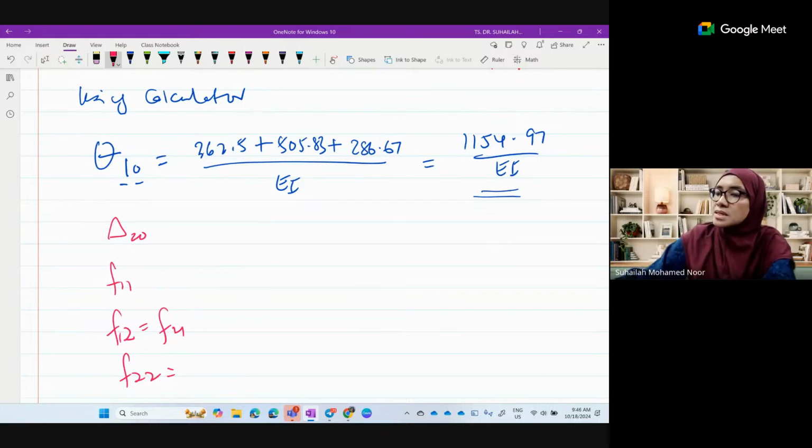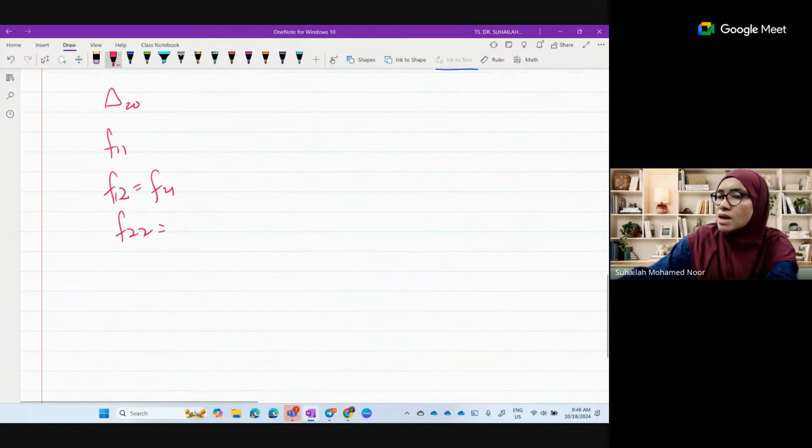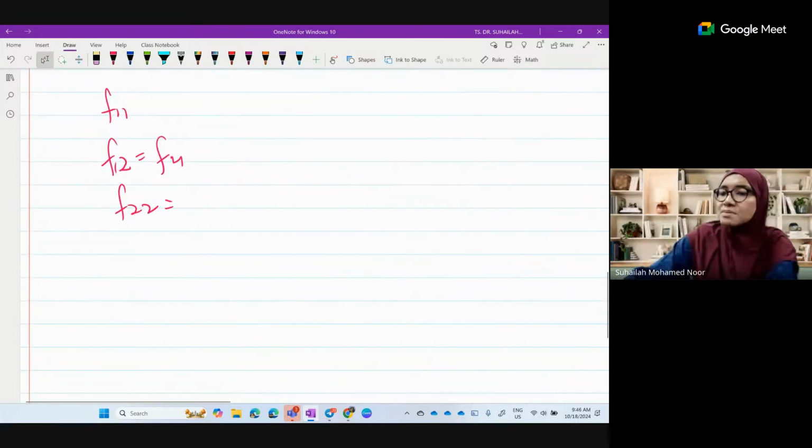Okay, so this displacement depend on E and I. So in terms of EI semua ni, because EI will be cancelled later on. Okay, so baru last kali kita akan substitute.